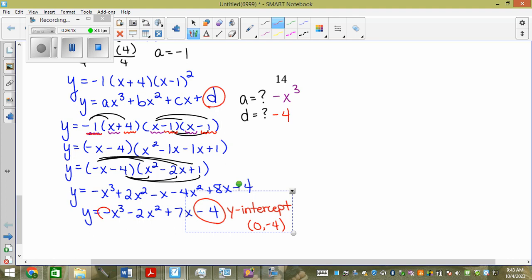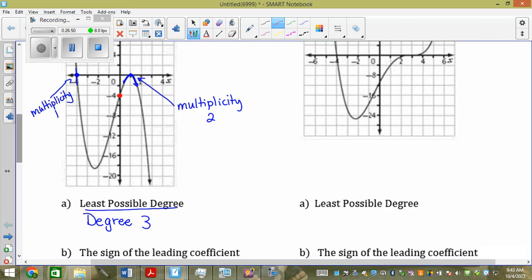This tells you how it ends on the right. So if that's negative, it ends down on the right. If your leading coefficient is positive, it ends up on the right. So what's this one? It's negative, so it's down. Let's check it out. Checks out, right?